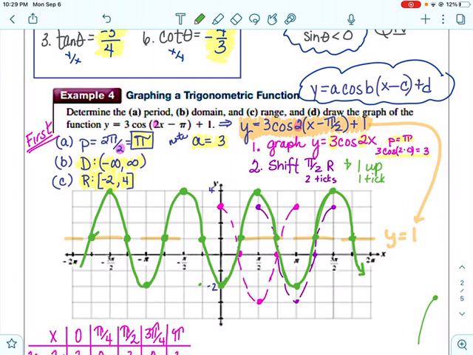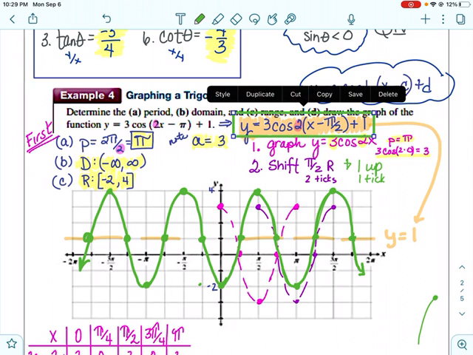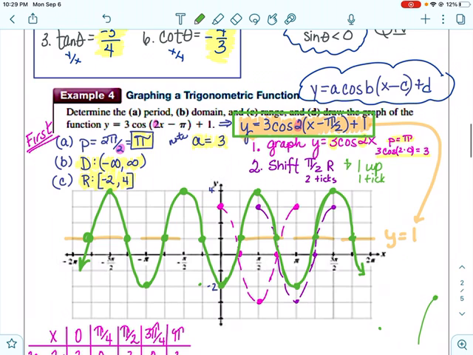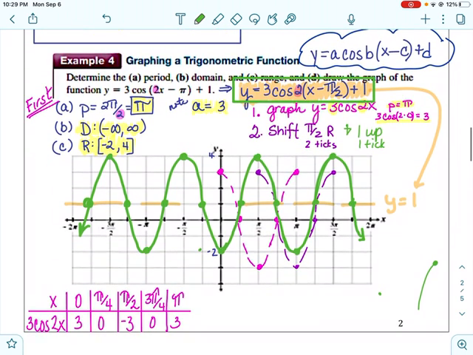And continuing out there. So we have now drawn the graph of y is equal to 3 cosine 2 times the quantity x minus pi over 2, plus 1. Now what I've done is I've put a table down here. Sometimes as a student I like to check out the table and make sure that I had the values correct.